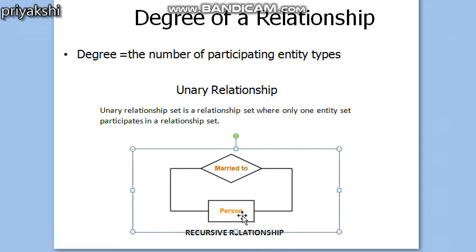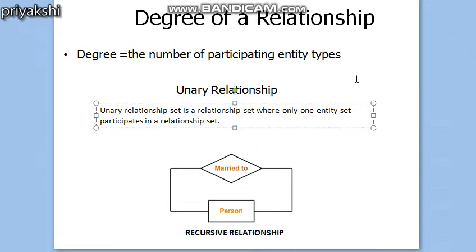So in such a case, we call the relationship recursive. Why is it called recursive? Because the same entity type, person, participates more than once, one in the form of bride and the other in the form of groom, in different roles.